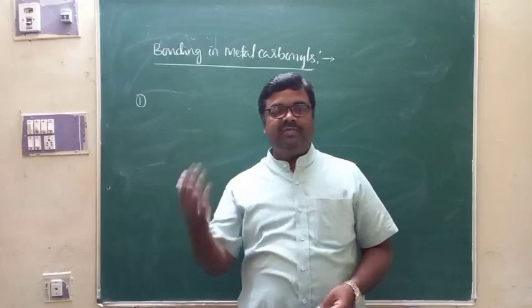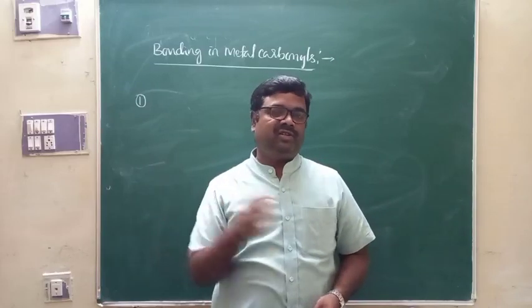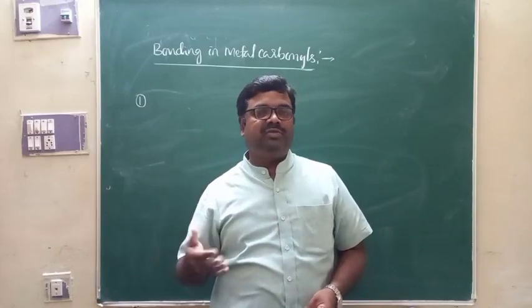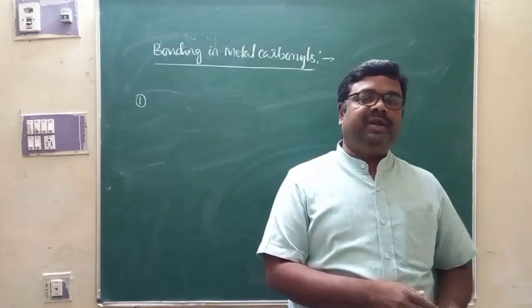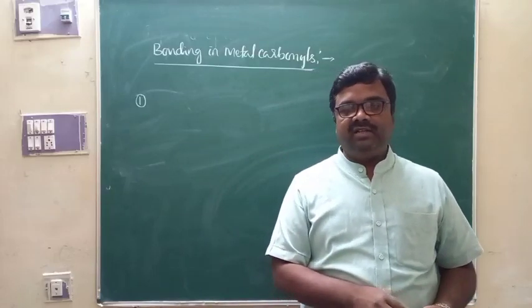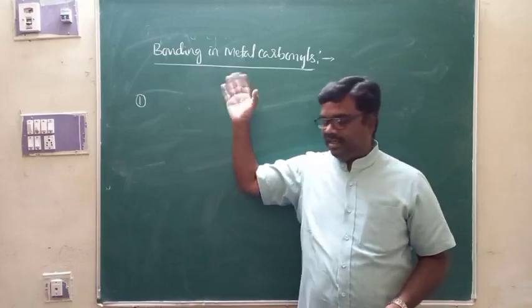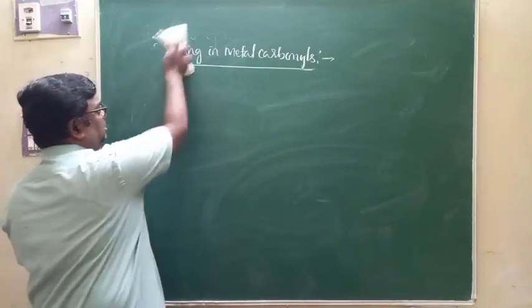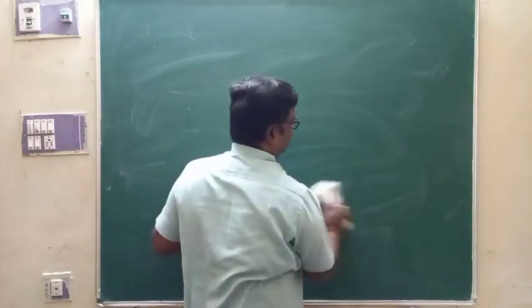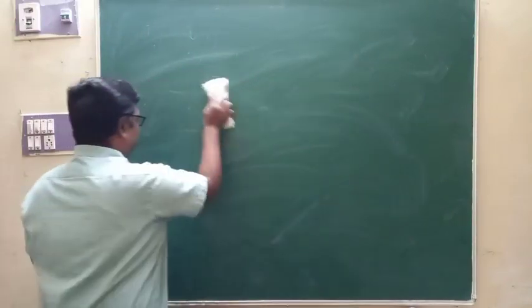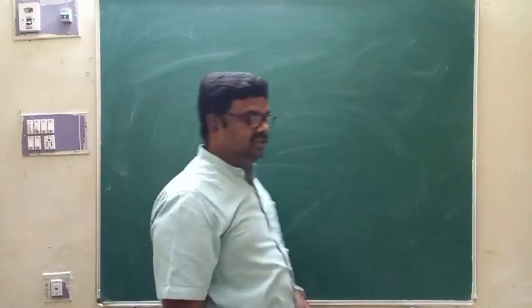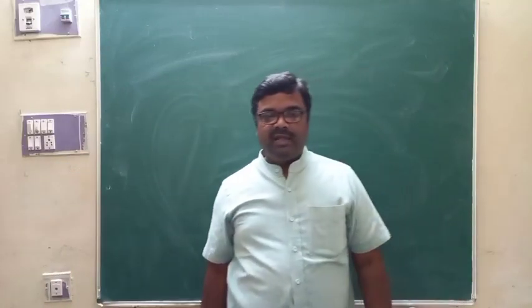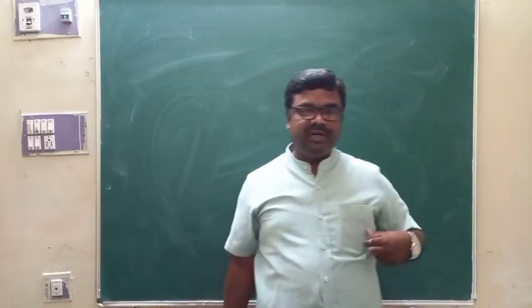That is, the coordinate bond is characterized by covalent nature also. That covalent nature of the coordinate bond will not be taken into account as far as crystal field theory is concerned. So those are the drawbacks of crystal field theory, and of course these drawbacks will be explained in the next theories, like ligand field theory and molecular orbital theory, and they are beyond the scope of this particular textbook.